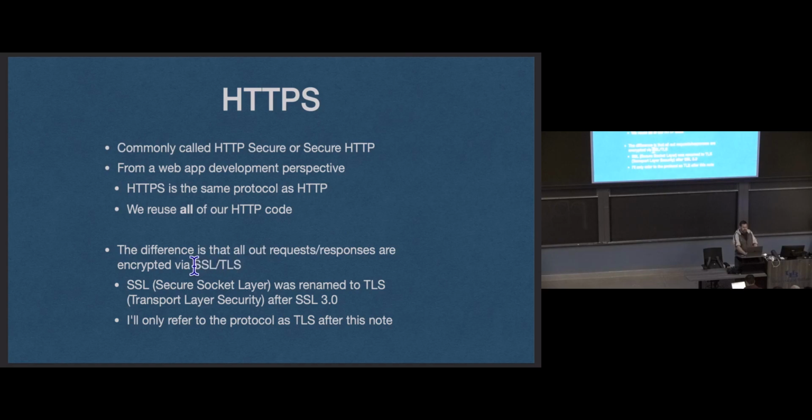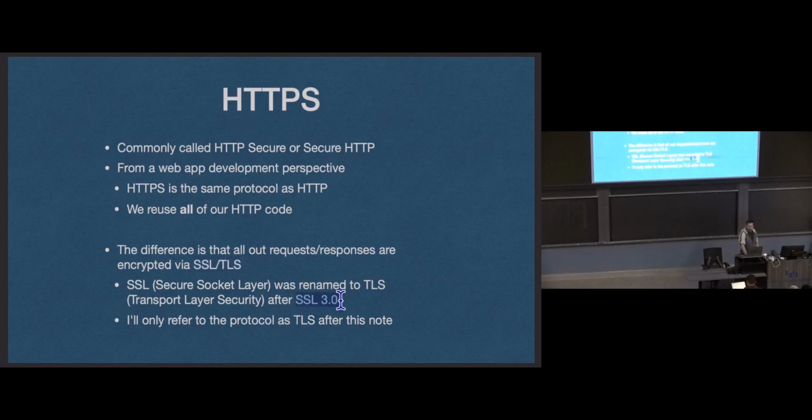So SSL or TLS, if you see either one of these acronyms, this is one thing that somebody decided just to confuse us, that they're going to change the name of SSL to TLS. So if you see either one of these, they mean the same thing. Once SSL was going to come out with version 3.0, we had SSL 1, SSL 2.